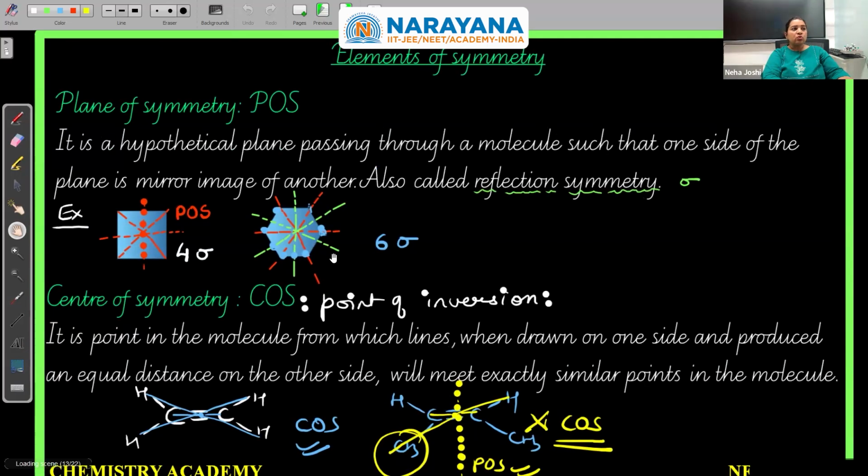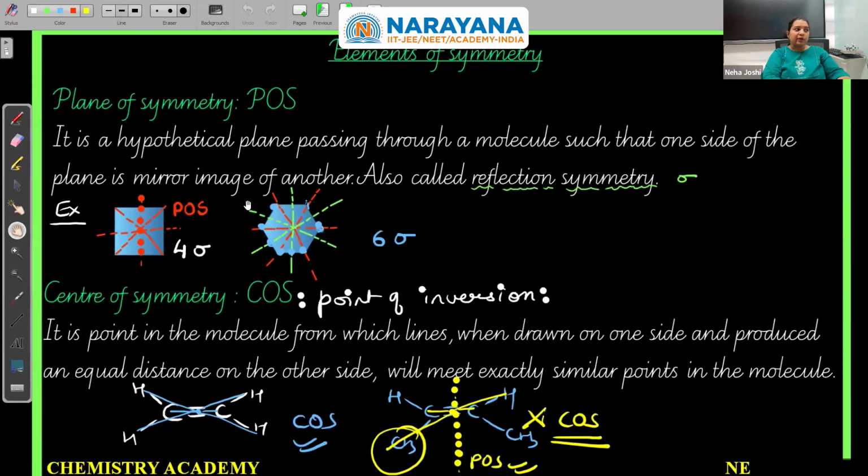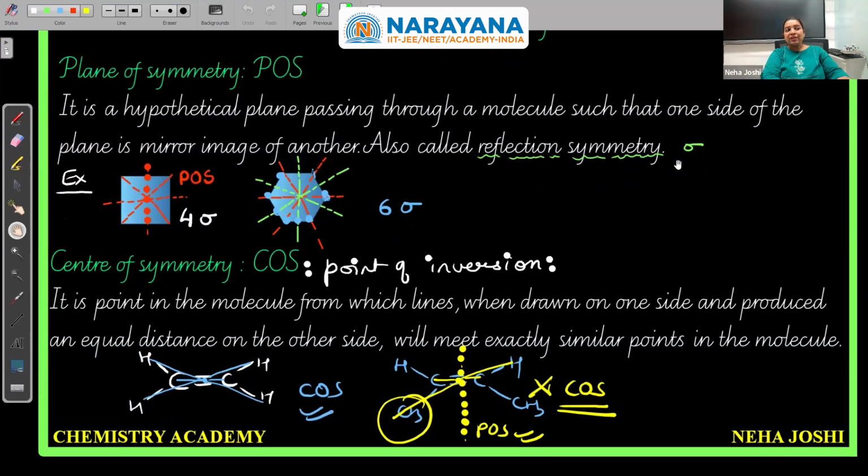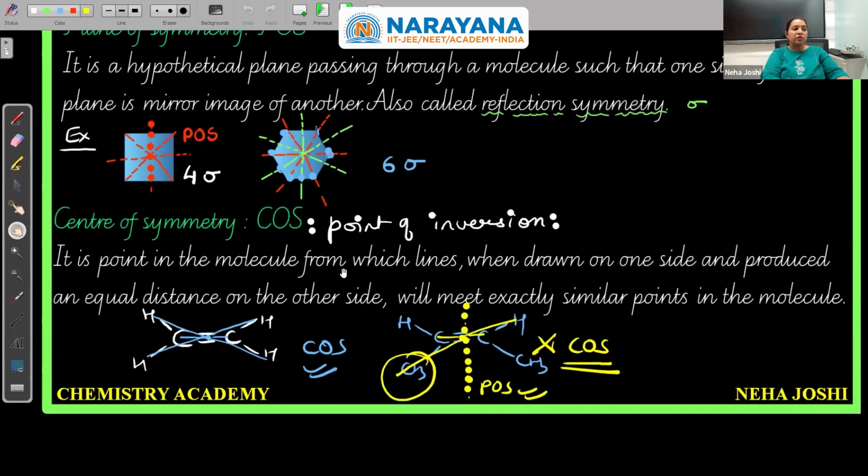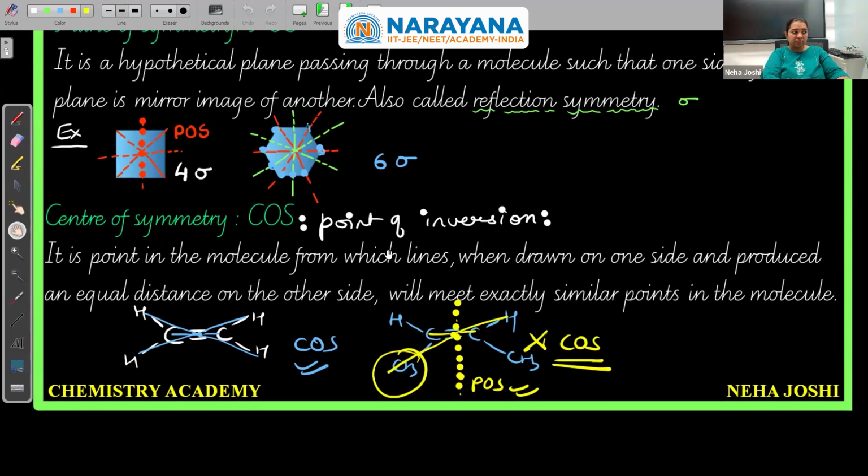Okay. Now coming to elements of symmetry. I guess all of you are aware of what a plane of symmetry is. It is a hypothetical plane passing through a molecule such that one side of the plane is the mirror image of the other. It is also known as reflection symmetry and represented as sigma. Center of symmetry is a point of inversion.